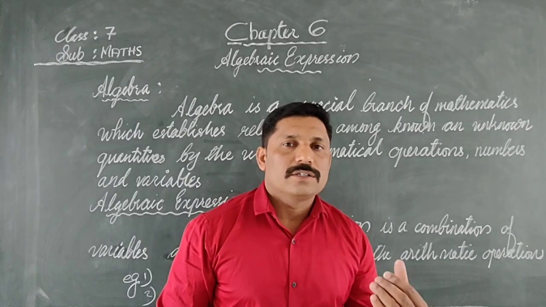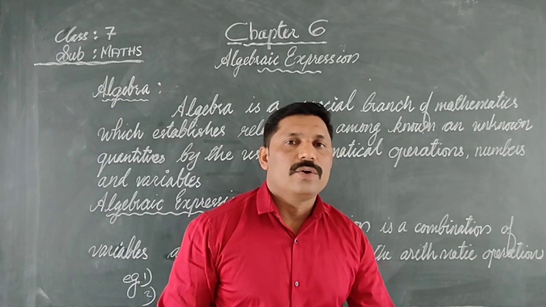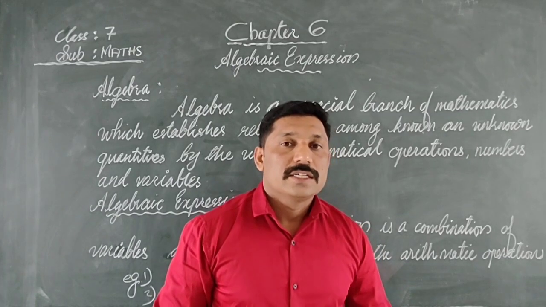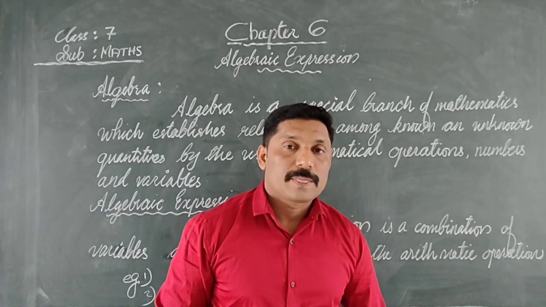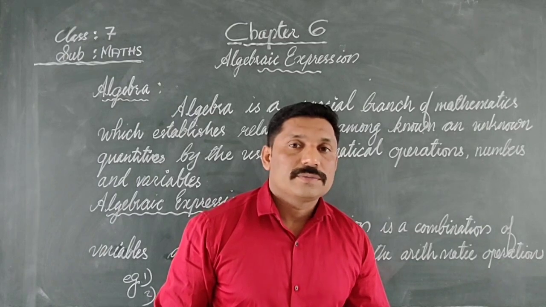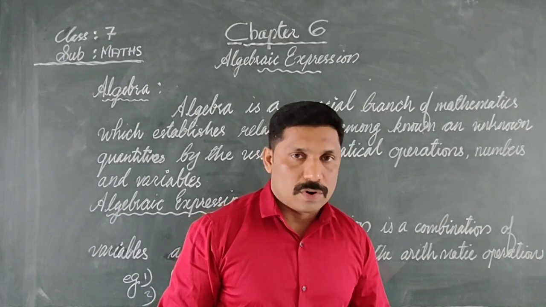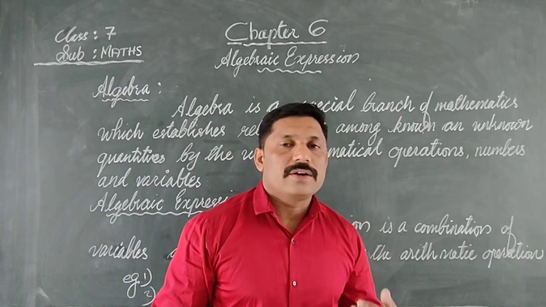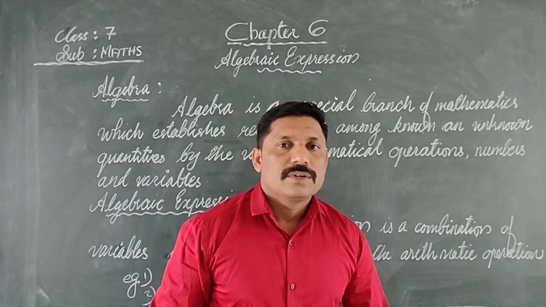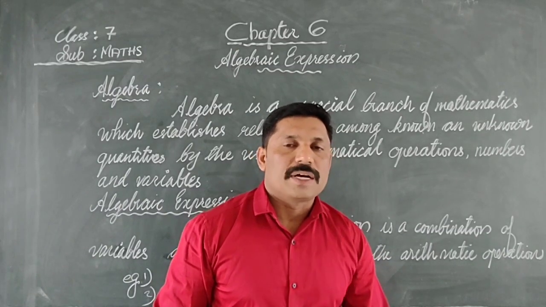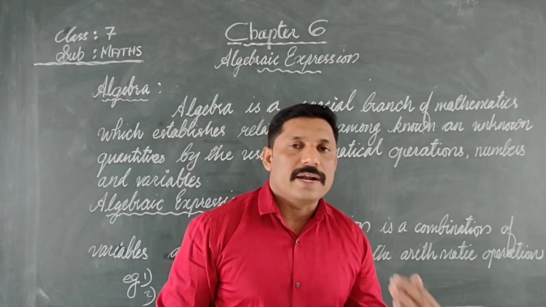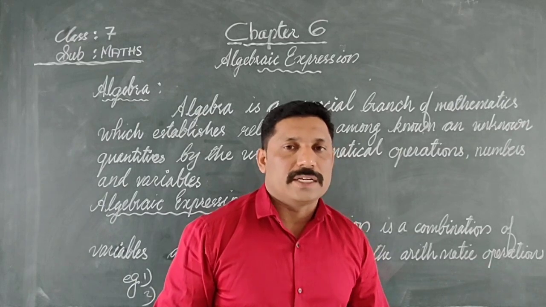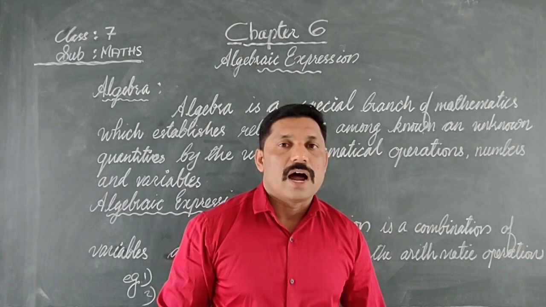You know that some values are unknown in mathematics, sometimes when we solve questions. Sometimes some values are known, means some numbers will be given. Among these unknown and known values, we make a relationship by using addition, subtraction, multiplication and division. This special branch of mathematics is called algebra.